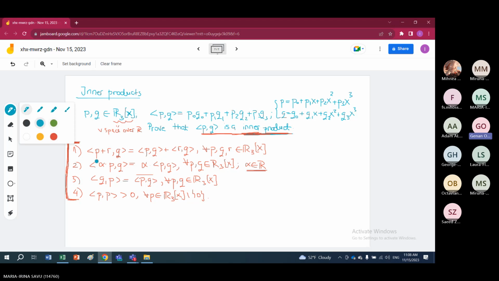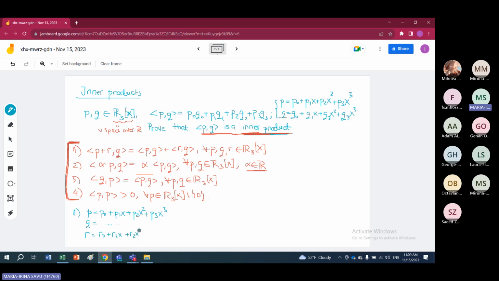Here, for example, let's take any property, let's say the first. How do you pick?